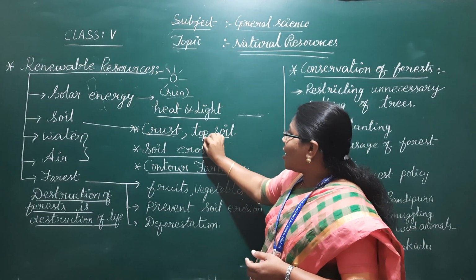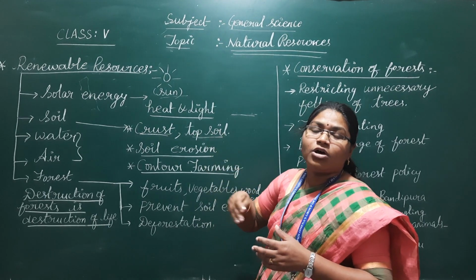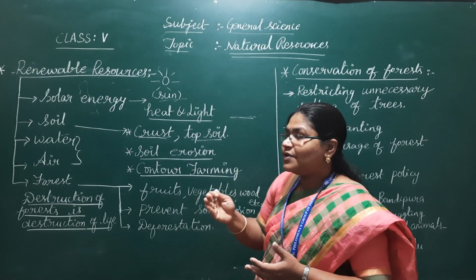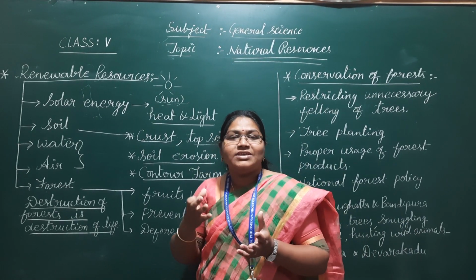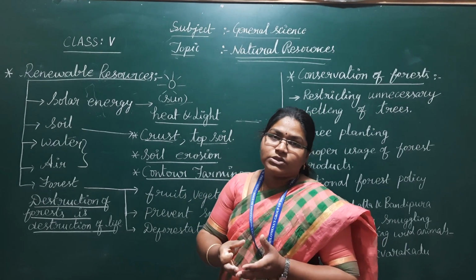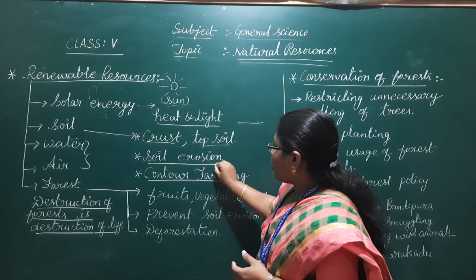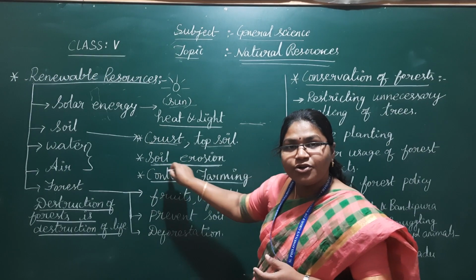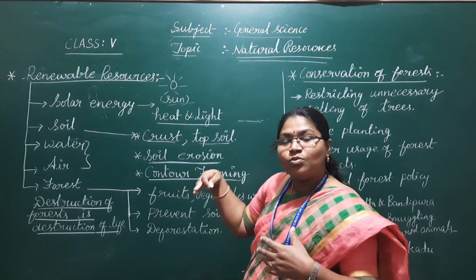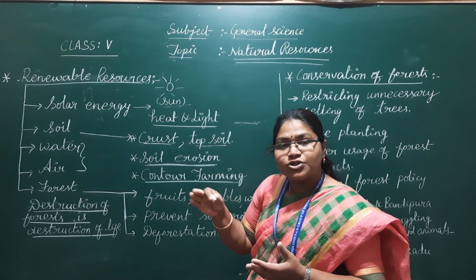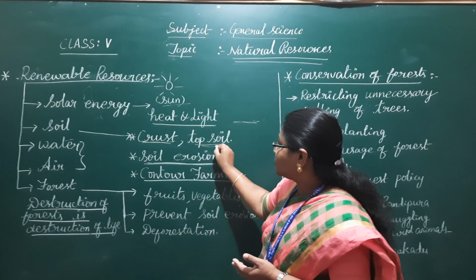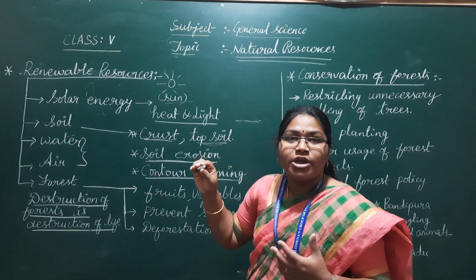Understand? This topsoil can be washed off because of heavy cyclones and storms. At that time soil erosion takes place. What do you mean by soil erosion? The removal or washing off of the topmost layer, the topsoil of the earth, we call soil erosion.